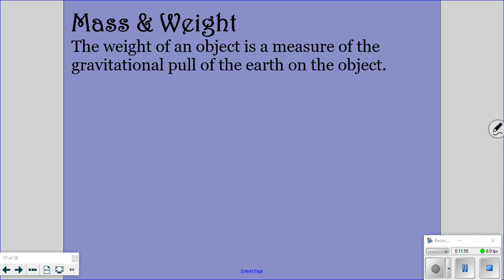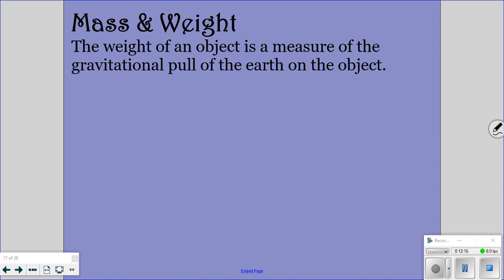So the weight of an object is a measure of the gravitational pull of the Earth on the object. Hopefully some of y'all are aware, if you go to another planet and you put a scale down, your weight is going to be different because they're going to have a different gravitational pull.